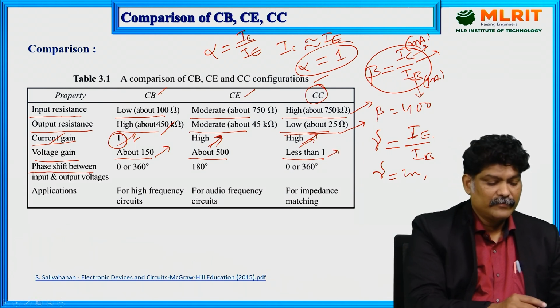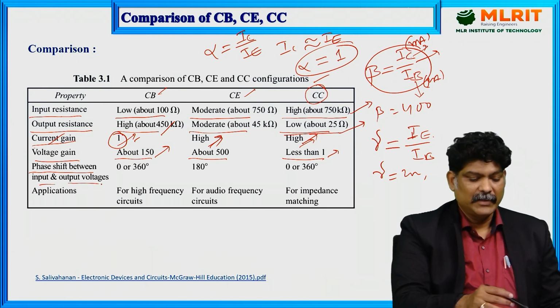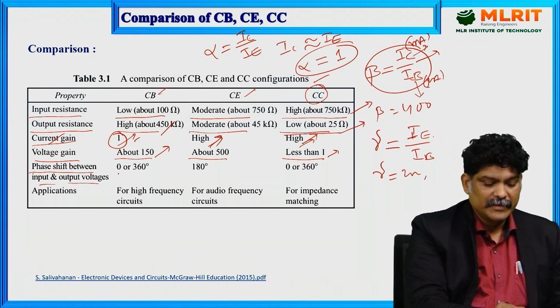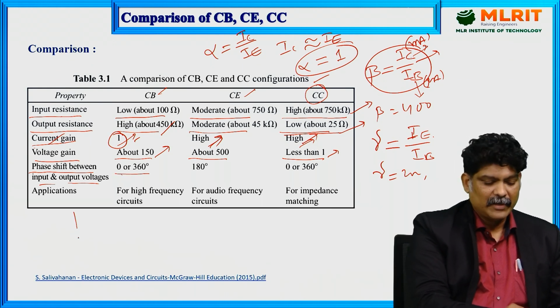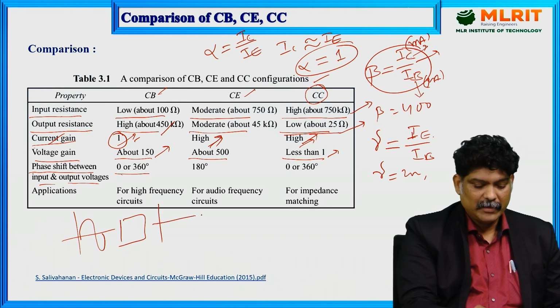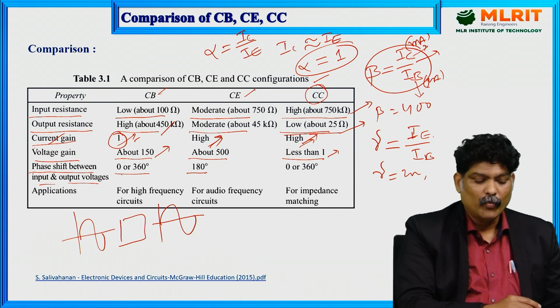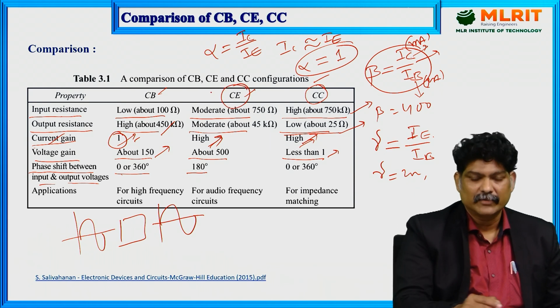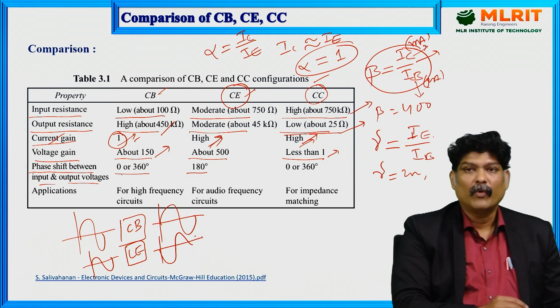The next one is the phase difference or phase shift between input and output voltages. For common base configuration, the phase difference between input and output is 0 degrees or 360 degrees. For common emitter, the output is 180 degrees out of phase.